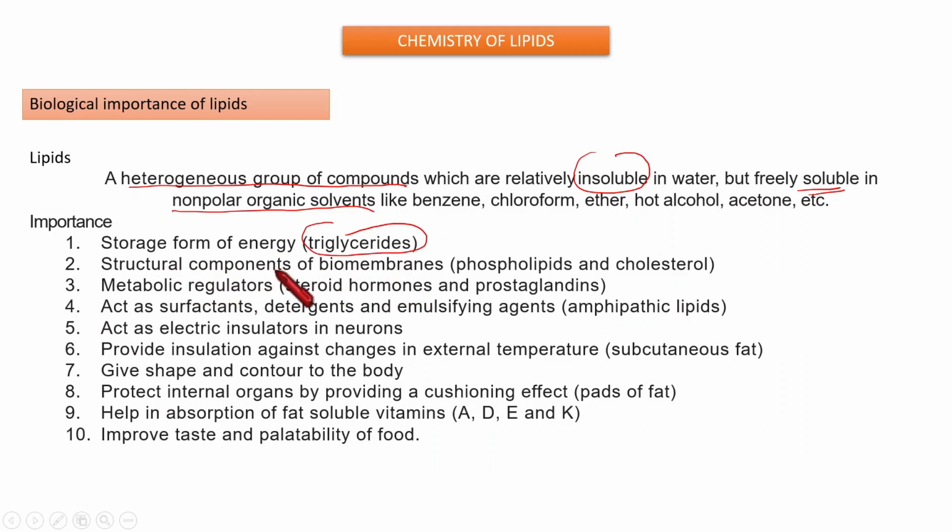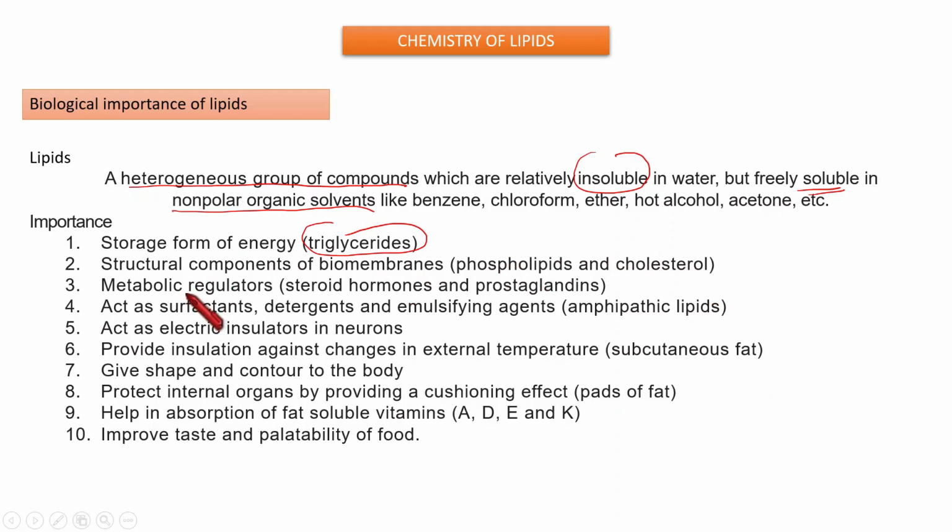It is a structural component of biomembranes in the form of phospholipids and cholesterol. While we learned about the structure of the plasma membrane in your lower classes, you learned about these phospholipids and cholesterol. All these are different forms of lipids.